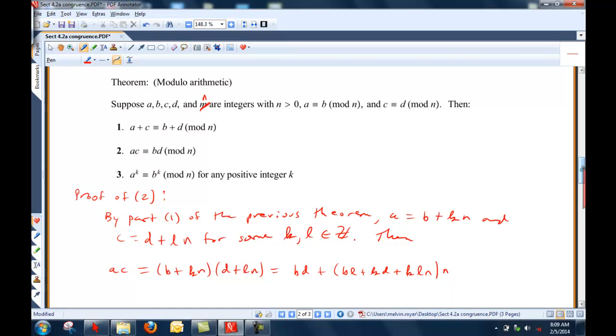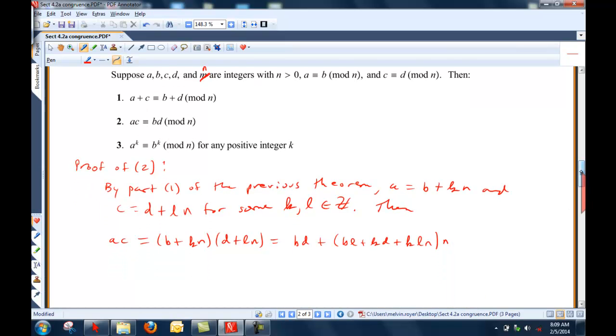And the question was, is AC congruent to BD mod n? Well, part 1 of the previous theorem said that's the case when I have an equality where one equals the other plus a multiple of n. So again, by part 1 of the previous theorem, AC is congruent to BD mod n.